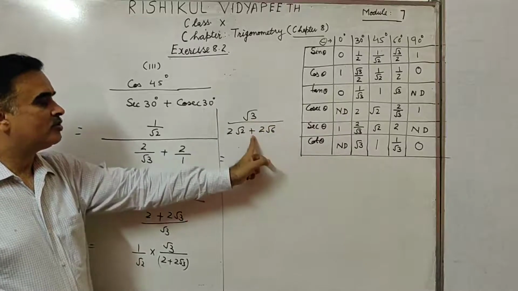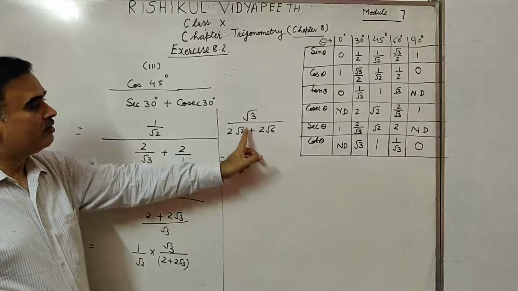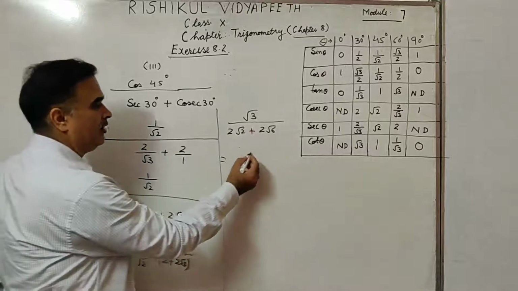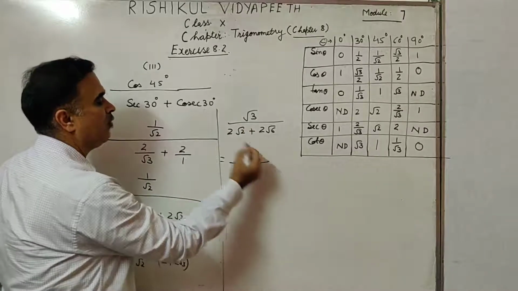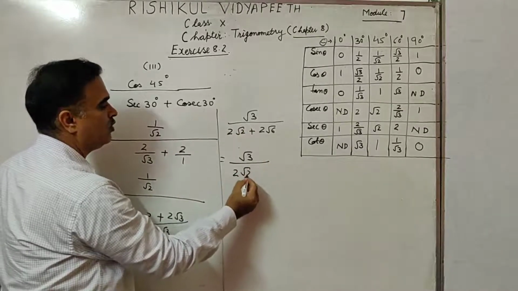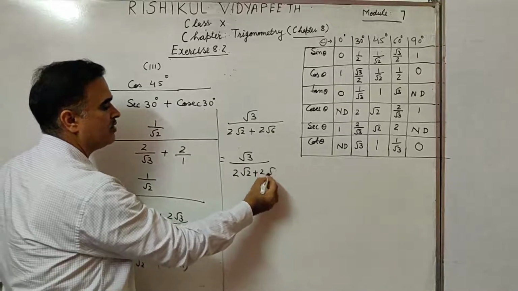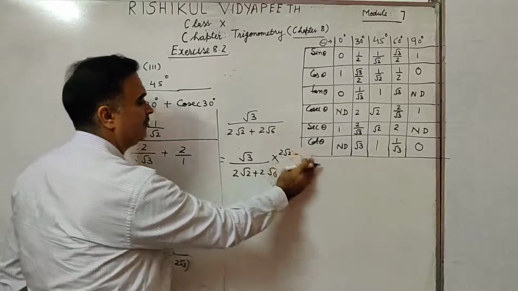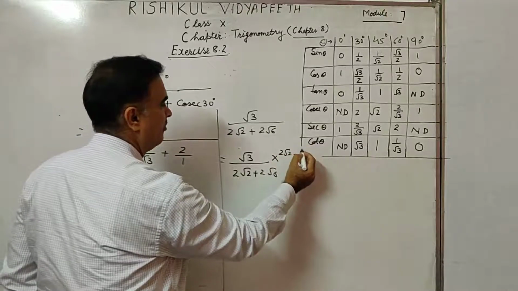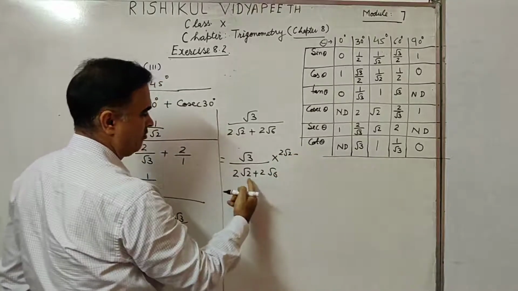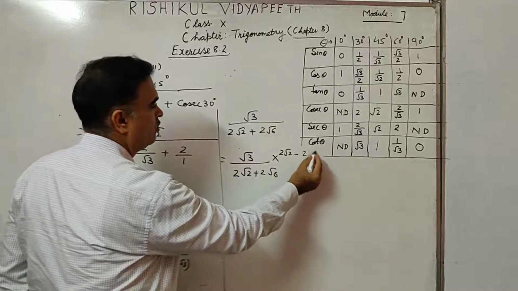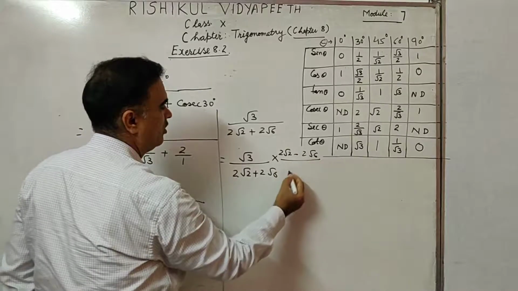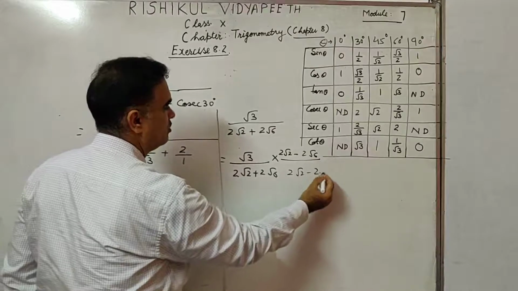Multiply and divide by its conjugate, meaning change the sign of this. It is root 3 upon 2 root 2 plus 2 root 6, into 2 root 2 minus 2 root 6 upon 2 root 2 minus 2 root 6.